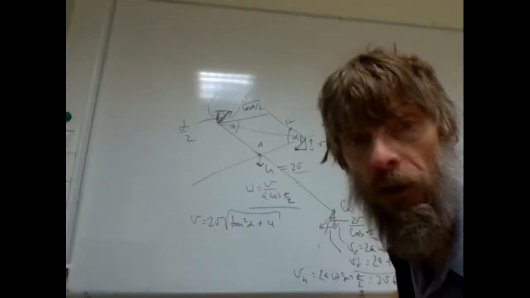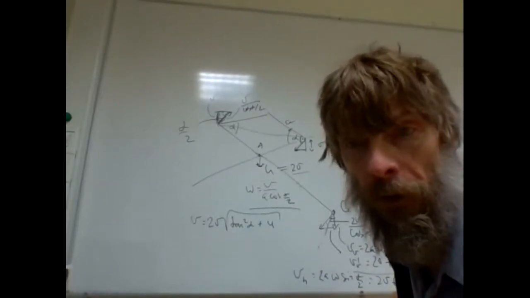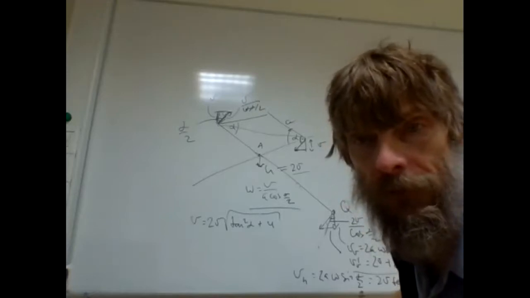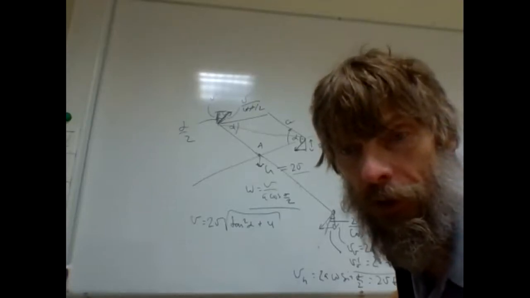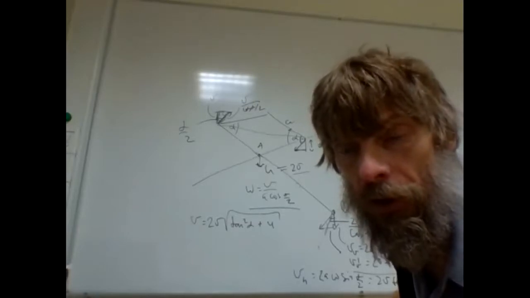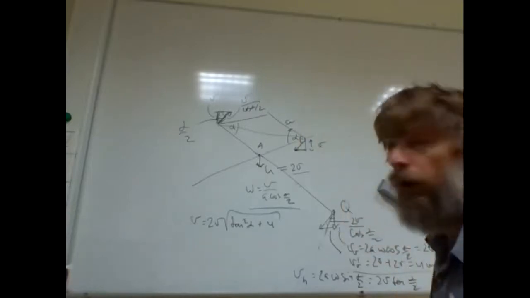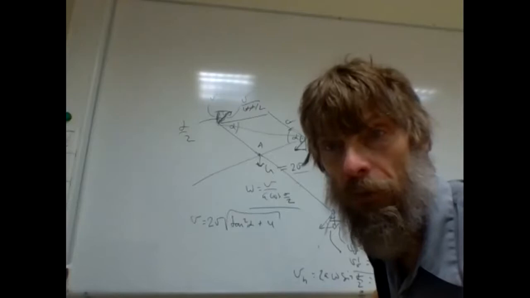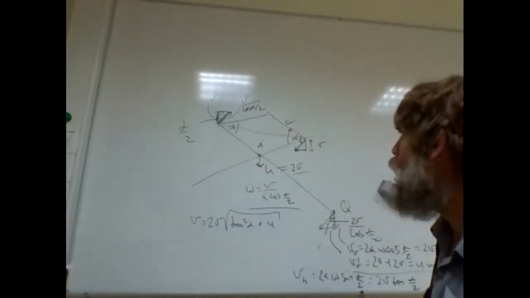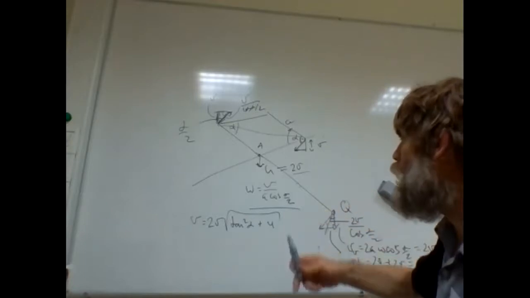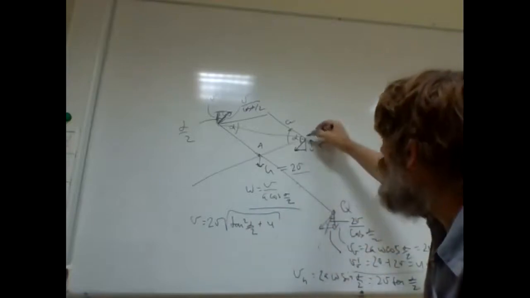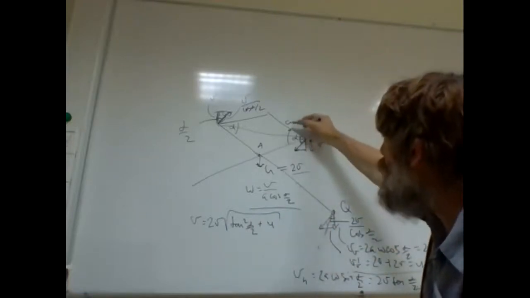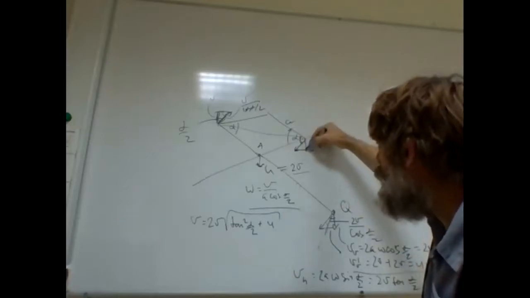Is this okay? Hello? Sir. Yes? What is the horizontal component for point P? The horizontal component of point P is v times tangent alpha over 2, because the velocity is perpendicular to the rod, and the vertical component is v.